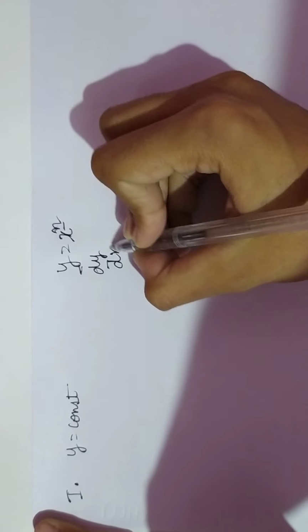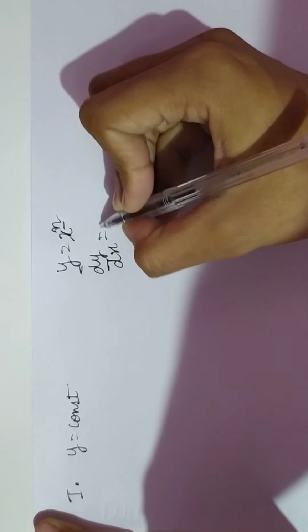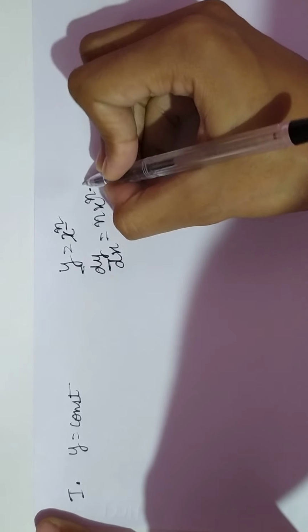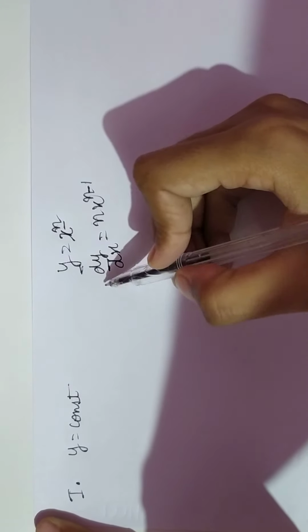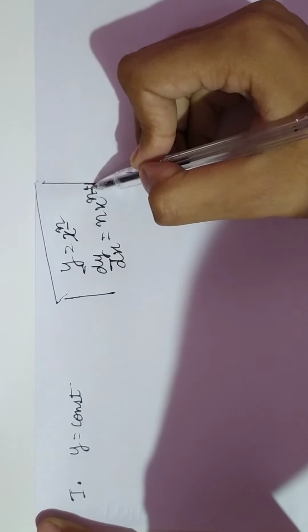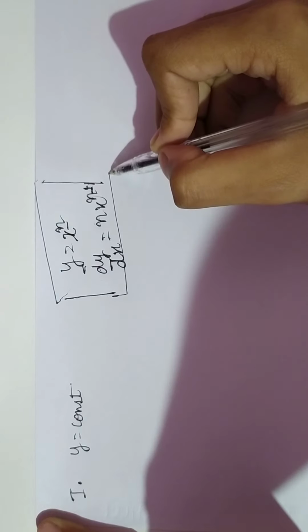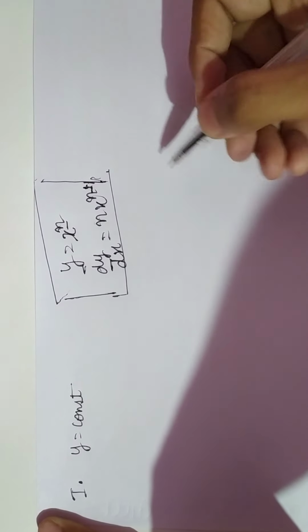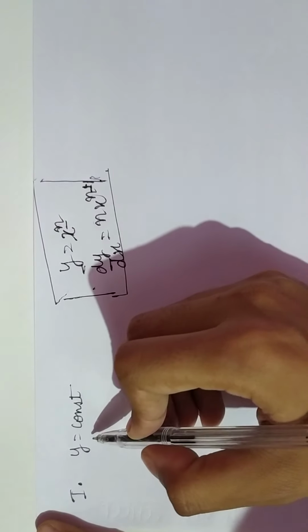We can simply write it as n x to the power n minus 1. Okay, so this is a very basic formula of differentiation that we need to understand.